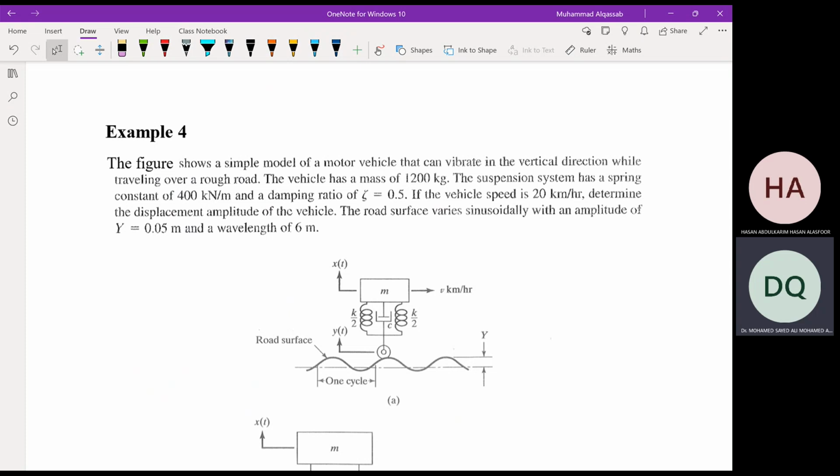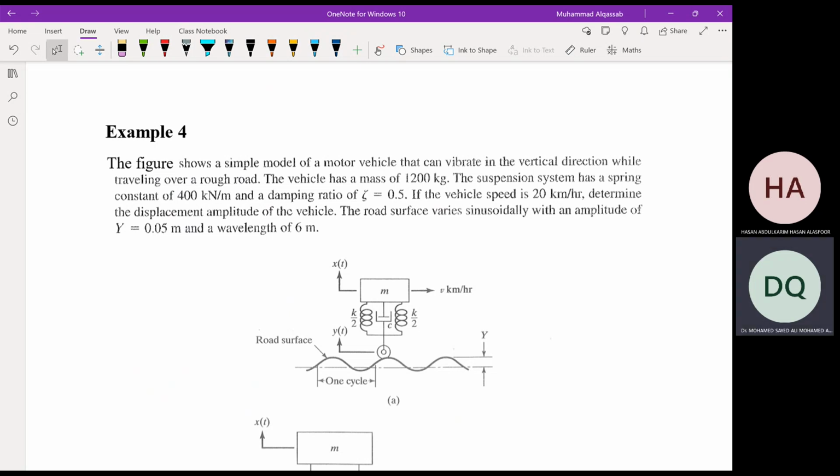The tire follows the profile and gives excitation as y. It will take exactly the same motion as the profile of the road, but the car's motion will be calculated from base motion.